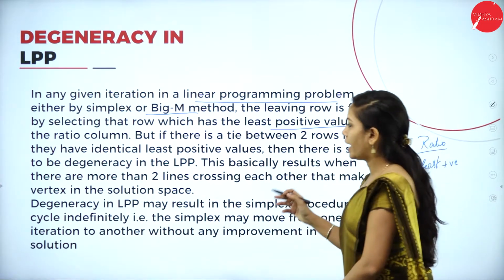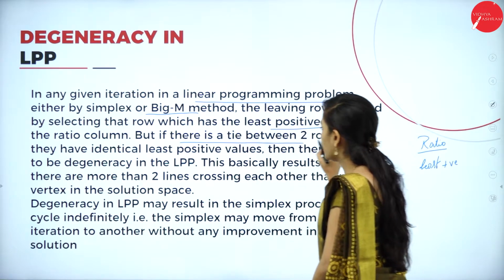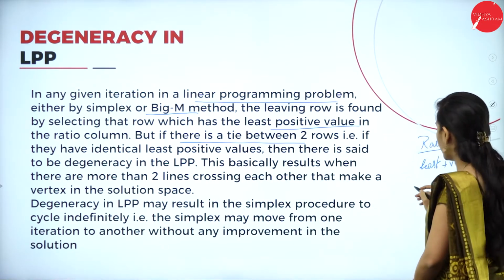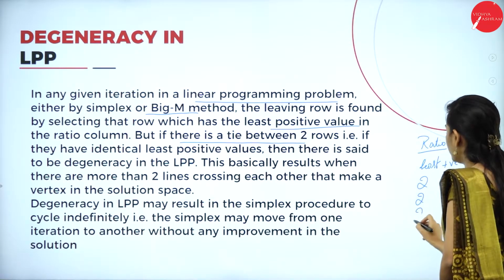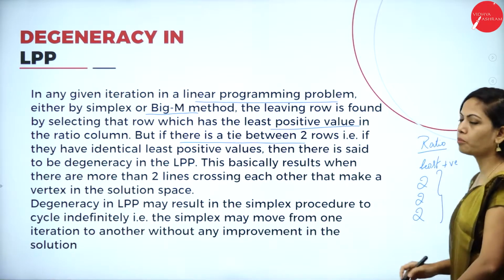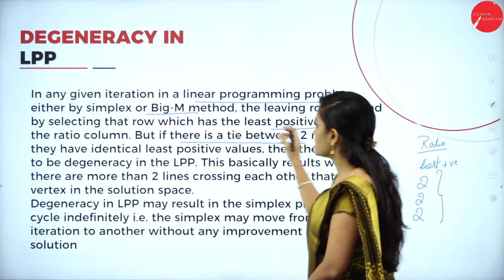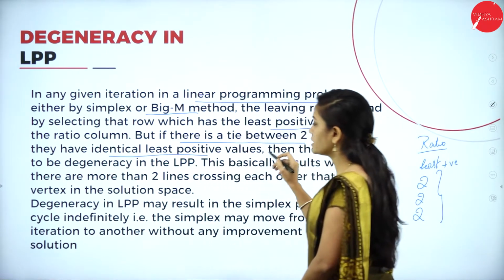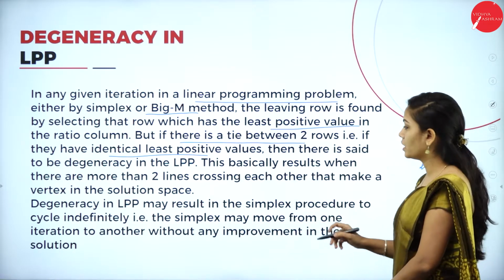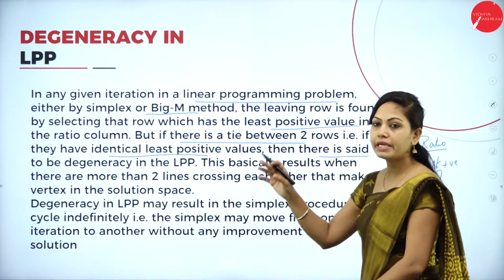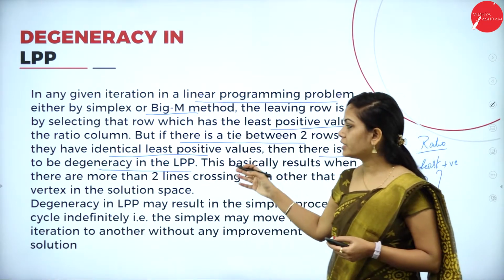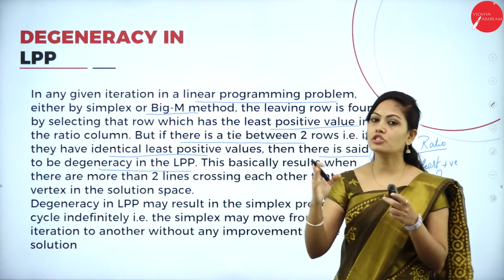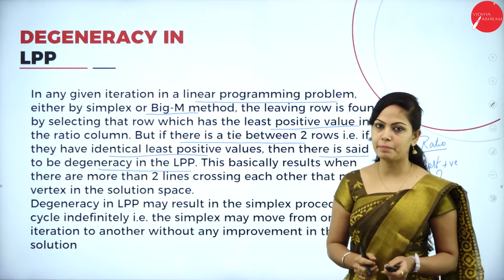But if there is a tie between two rows, that means if you have 2, 2 and 2, a tie between two or more rows with identical least positive values, then there is said to be degeneracy in LPP. That complication is called degeneracy in LPP.